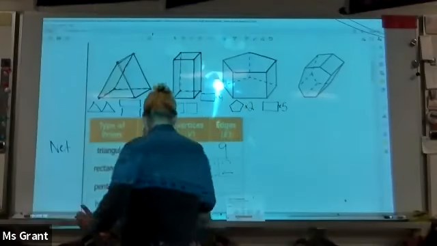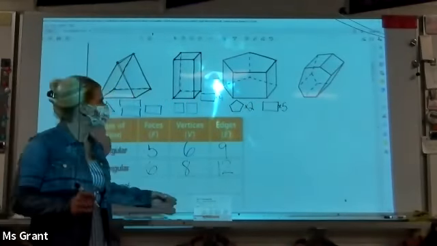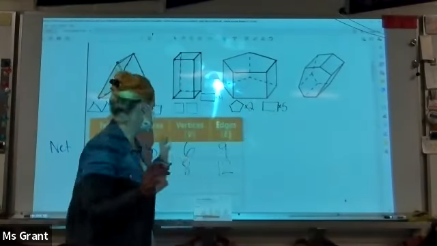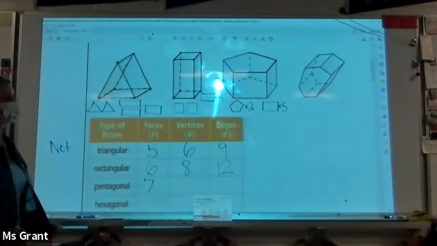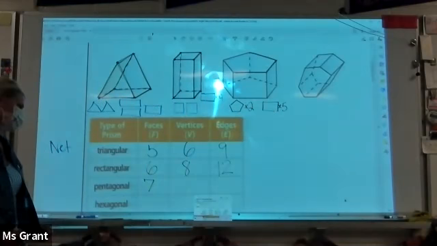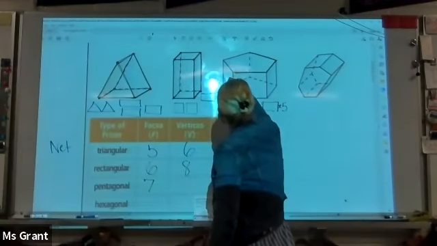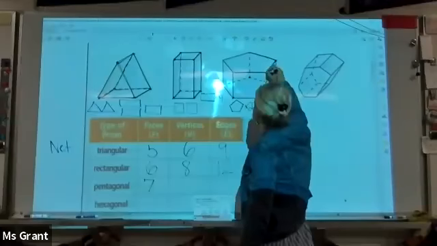So on my pentagonal prism, the faces are, basically you're just adding these up, 5 plus 2. So that's nice. A vertex, I'll do my dots again, but I'm sure you can figure this out. If there's 5 at the bottom, there's 5 at the top.